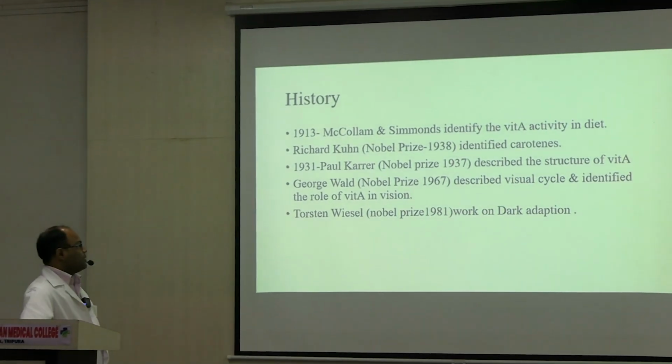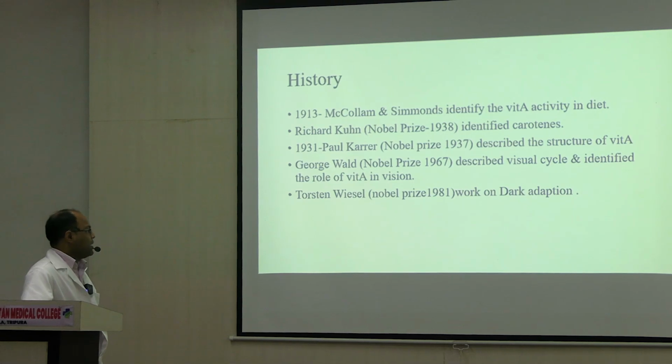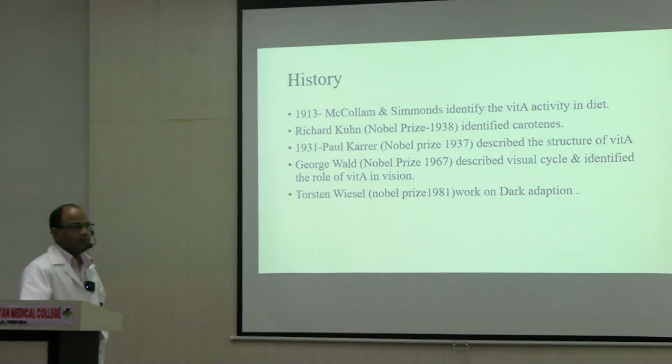George Wald described the visual cycle and identified the role of vitamin A in vision. He was awarded the Nobel Prize in 1967. And Torsten Wiesel worked on dark adaptation. He was awarded the Nobel Prize in 1981. This is something about the history of vitamin A.